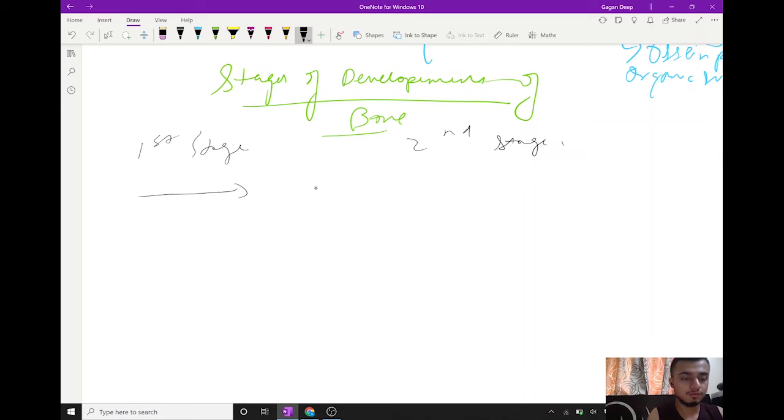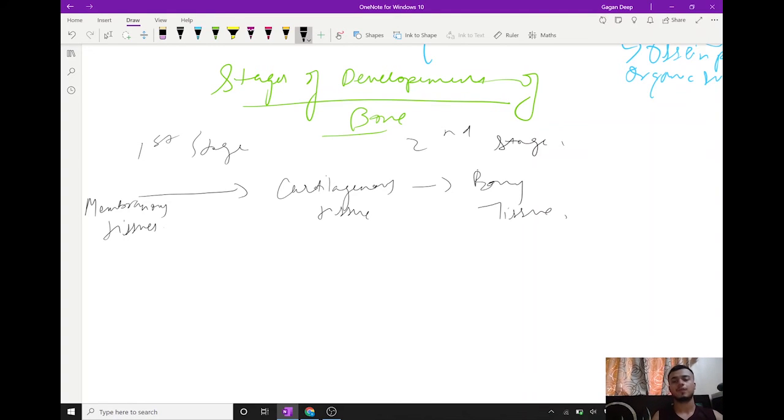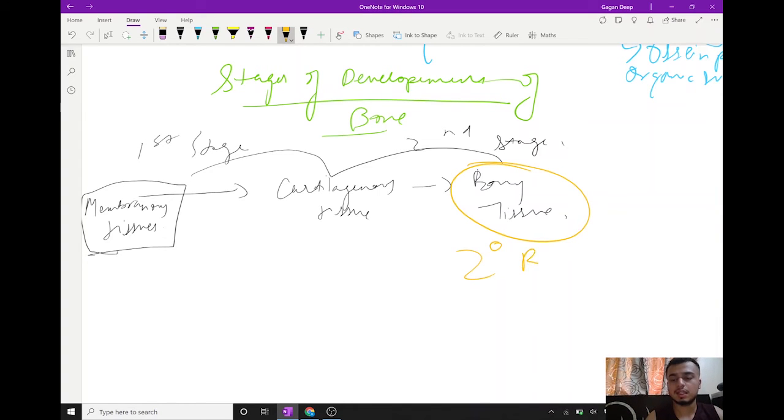Membranous tissue, as we have discussed, becomes first the cartilaginous tissue and then becomes the bony tissue. So this is how we look at it right now. If this is what we are starting with, and this is our first process, then the secondary process: the bone which we get over here is known as secondary bone.